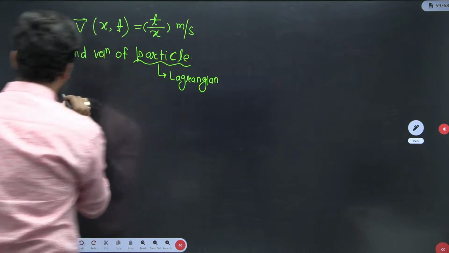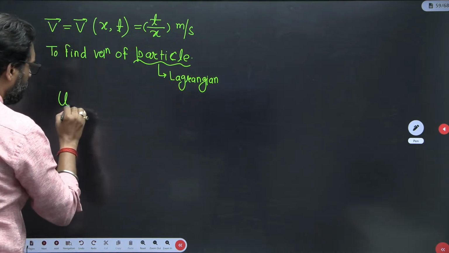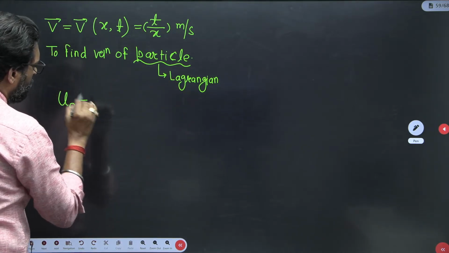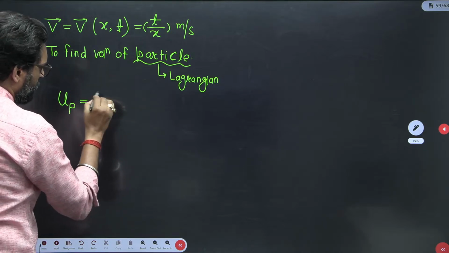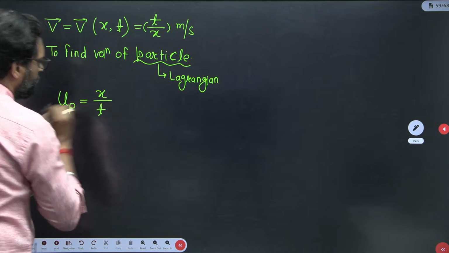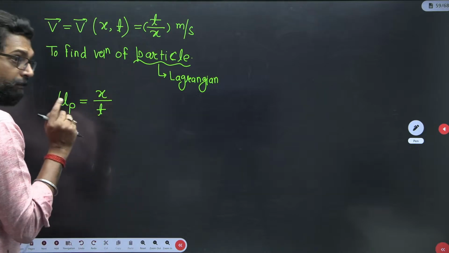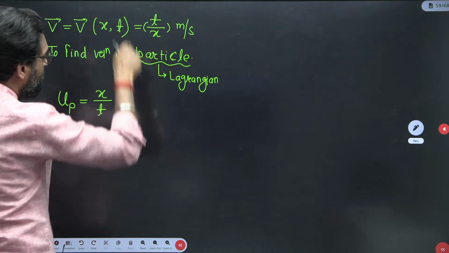You know that the velocity of a particle in x direction is equal to distance x by t. Yes or not? x by t.